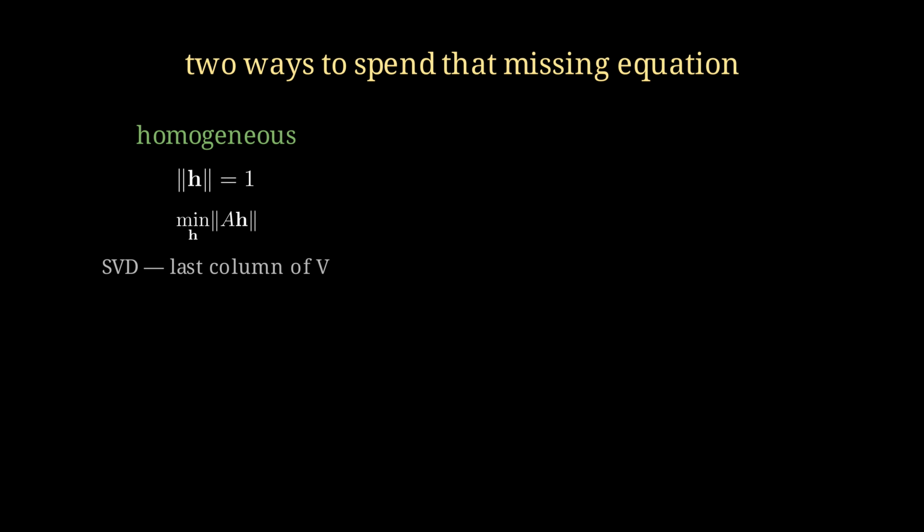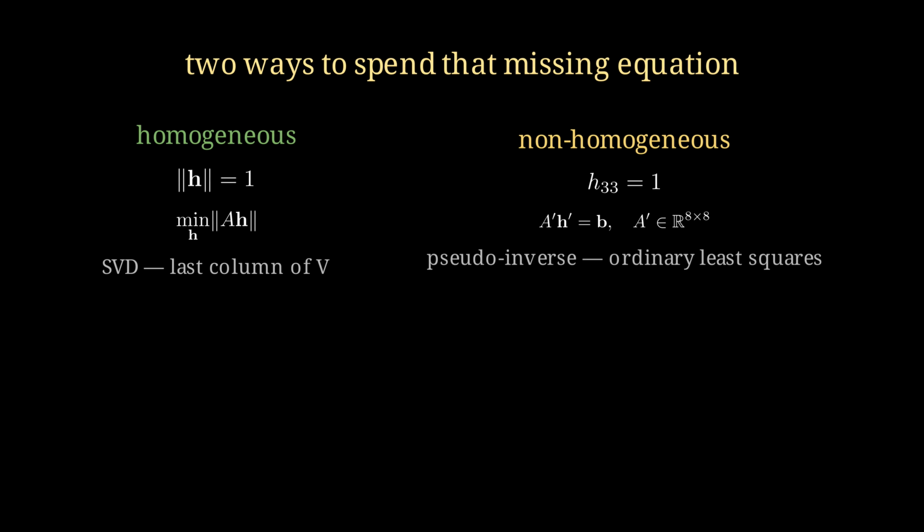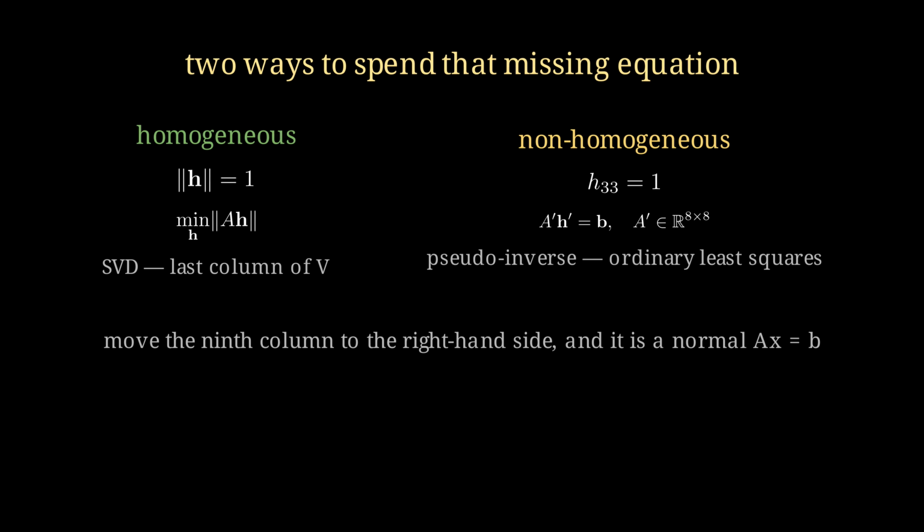And there are 2 honest ways to spin it. The first is the one we just did. Insist that h has length 1. That's the homogeneous route. Minimize Ah, and the SVD hands you the answer. The second is more obvious, and it's what a lot of people reach for first. Just set h3 equal to 1.